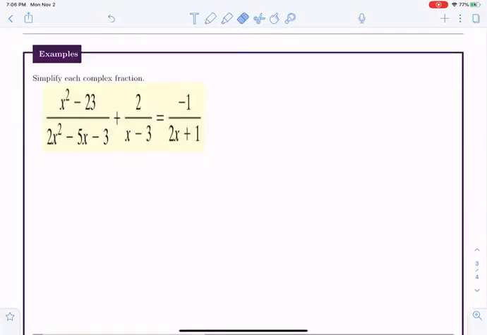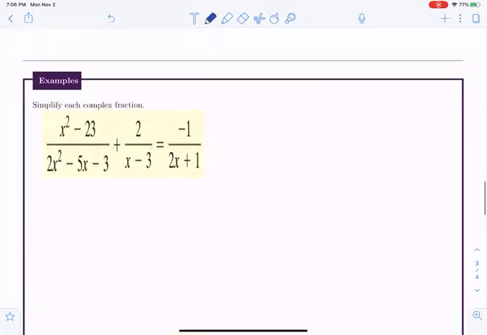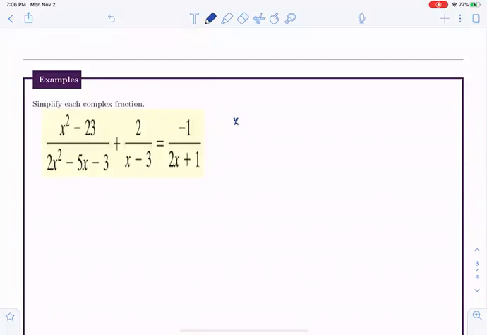Okay, so where to start to solve a rational equation? The very first step is to rewrite the denominator 2x squared minus 5x minus 3 as its factors. We need to come up with two numbers so that when we multiply 2 and negative 3, we get negative 6, and when we add, we get negative 5.